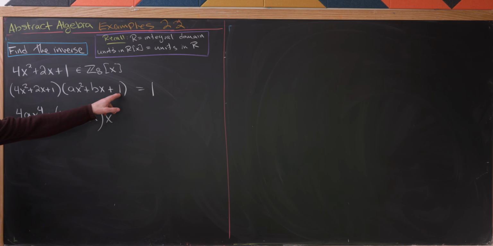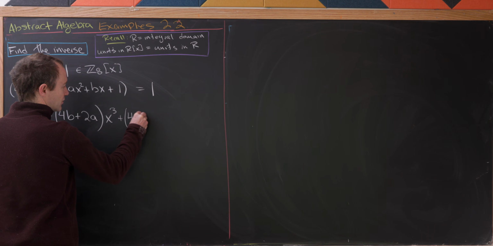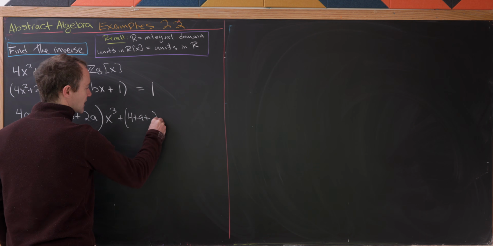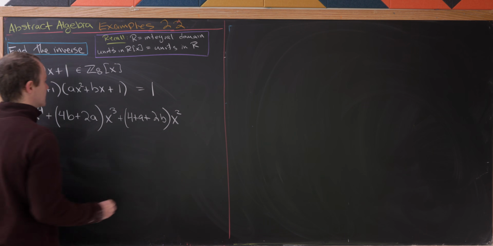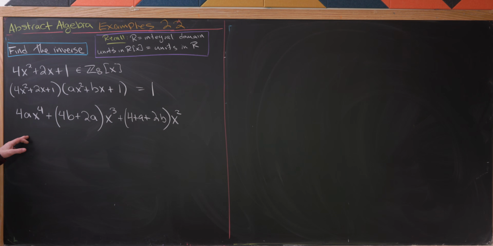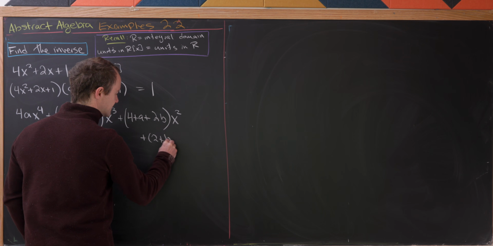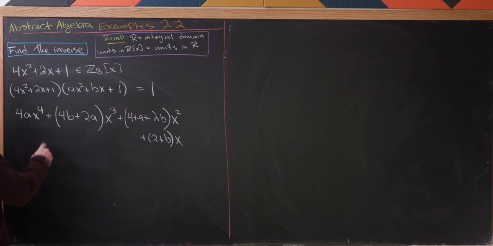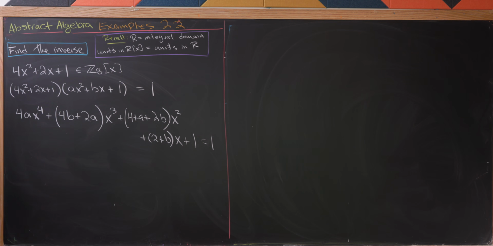Well, we'll have 4 plus a plus 2b. That's our x squared term. And then what's our x term? Our x term will be 2 plus b, so we have plus (2 plus b) times x. And then finally, we'll have our constant term, which is 1. And like I said, we want that to be equal to 1.